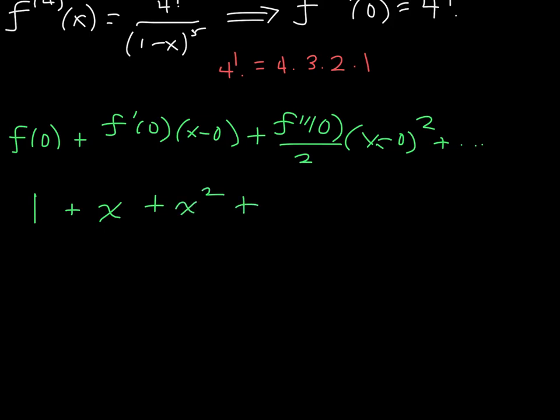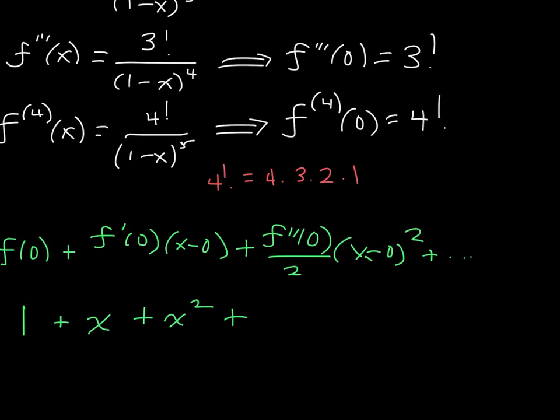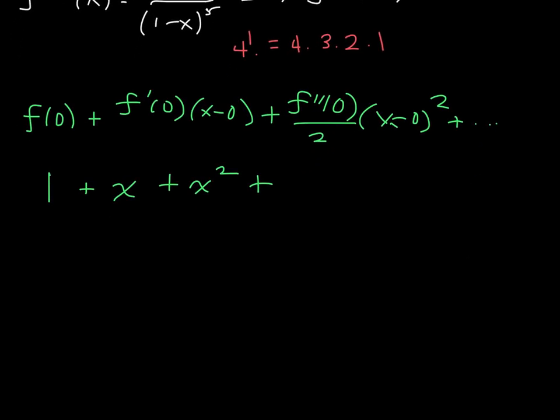Plus, oh my gosh, f triple prime, look at this. F triple prime of 0 is 3 factorial over 3 factorial would be the next denominator. So that's equal to 1 times x cubed. So I hope you see the pattern here. Let's just continue then.